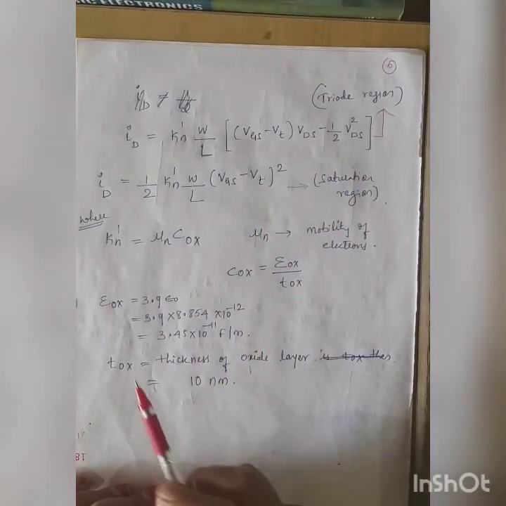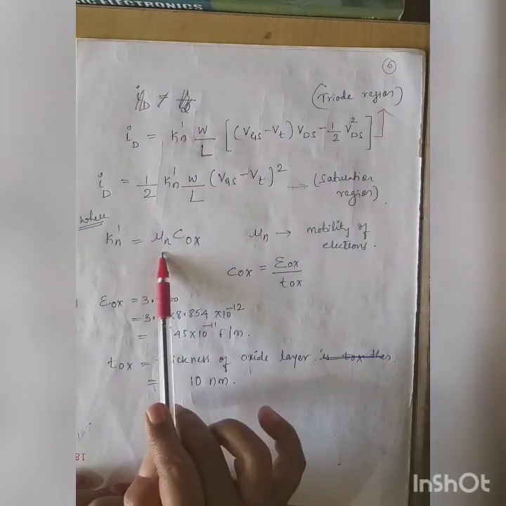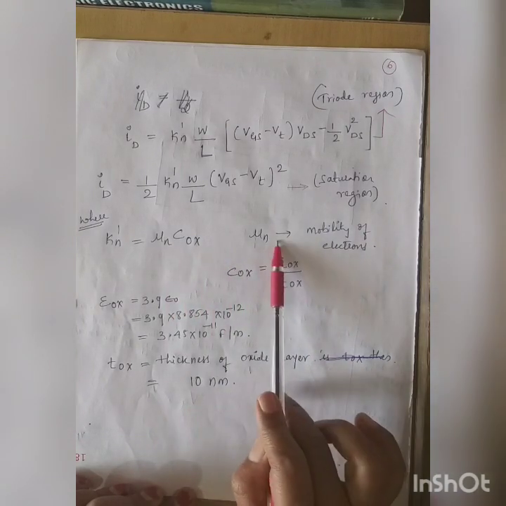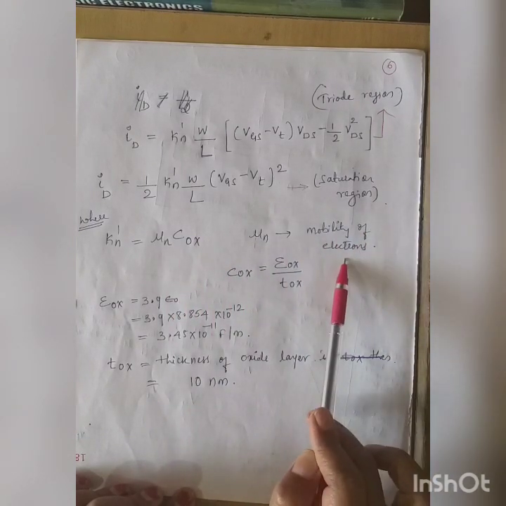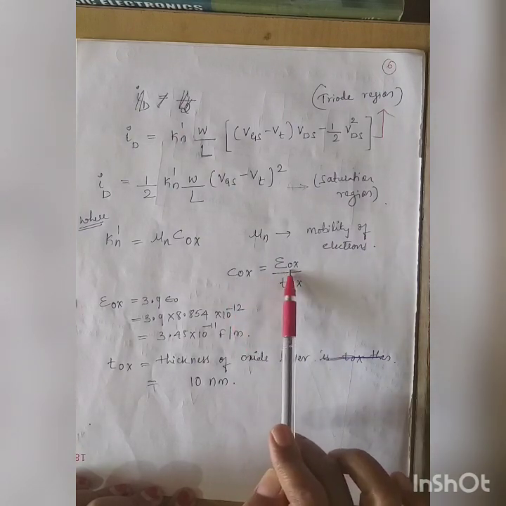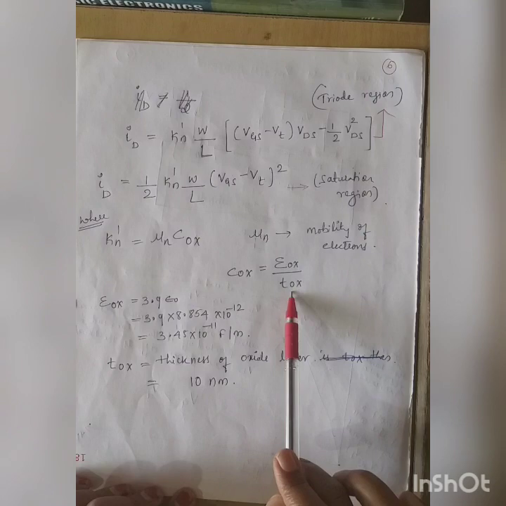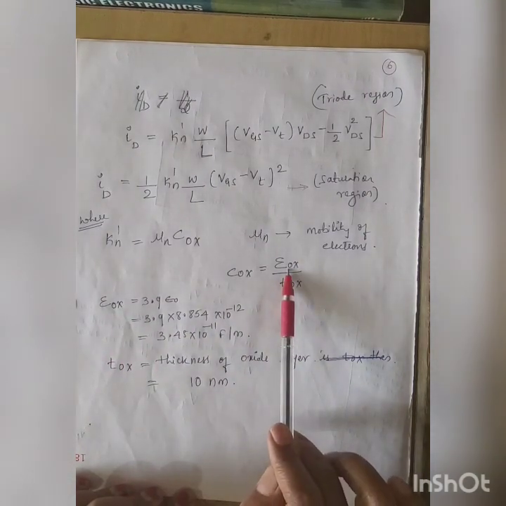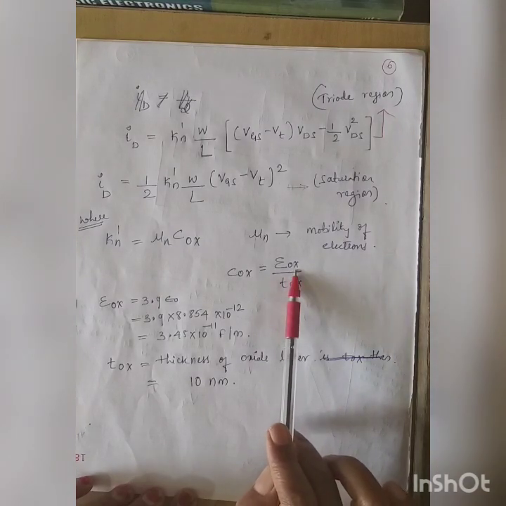Here Kn dash is given by mu n into COX, where mu n is the mobility of electrons, and COX is given by epsilon ox divided by TOX. The OX stands for oxide here.